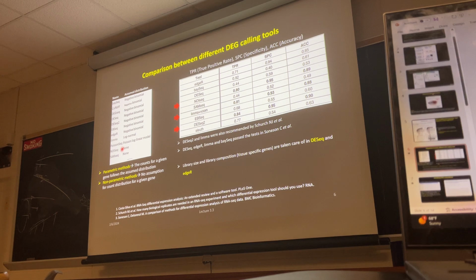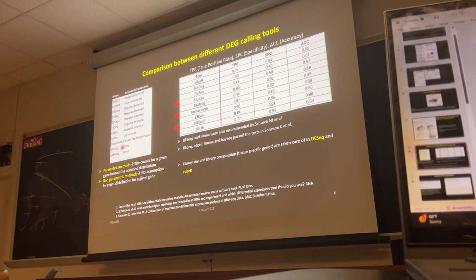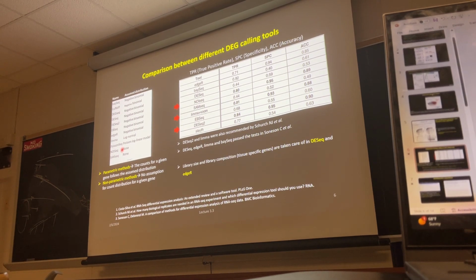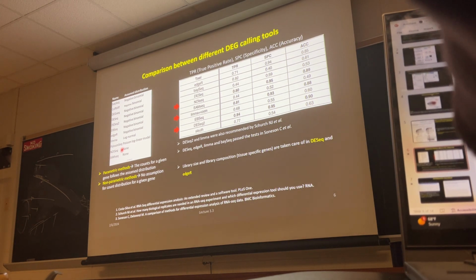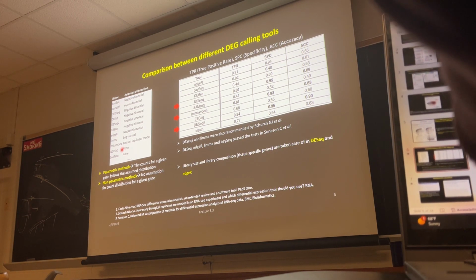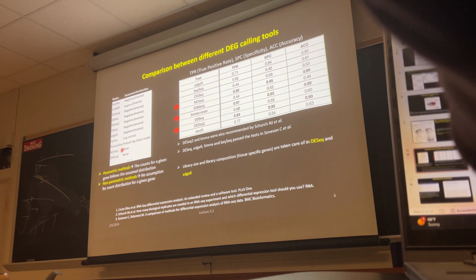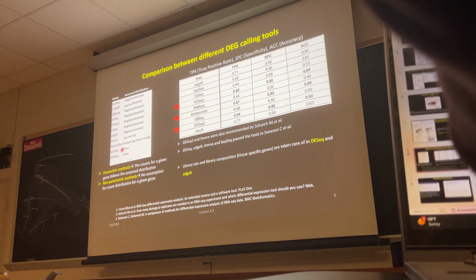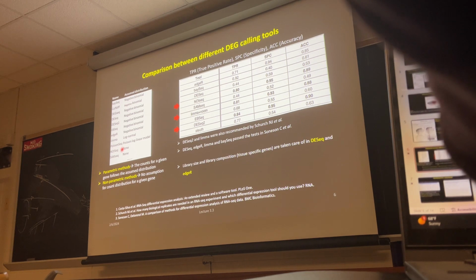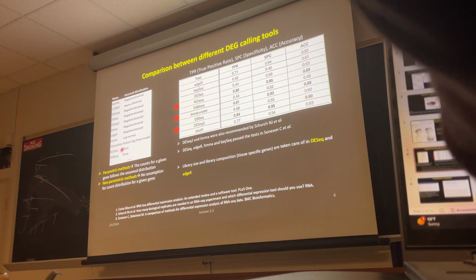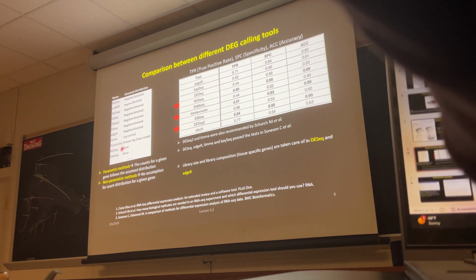Basically you use the DESeq tool and then NOISeq, and then you get the overlapping set of differentially expressed genes. Most of the time there will be a huge overlap here. So if you have the DESeq tool and the non-parametric method, NOISeq, you get the conserved set of differentially expressed genes. Those are a high confidence set of differentially expressed genes.